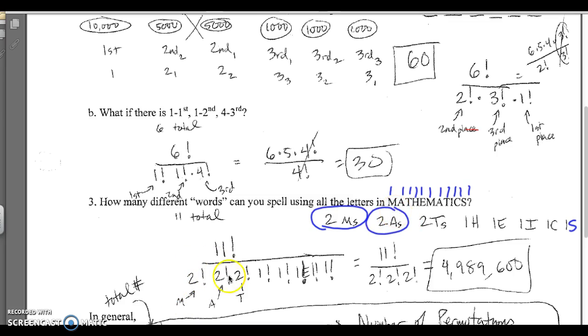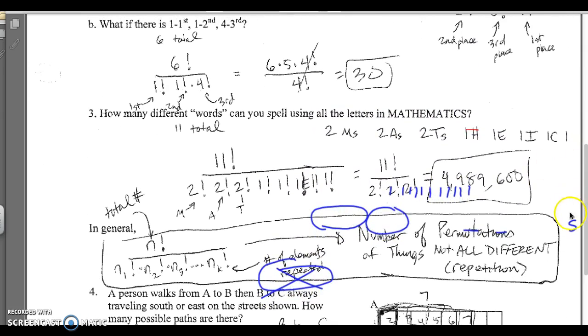We have 2 A's, so divide that by 2 factorial again. 2 T's, so divide that by 2 factorial again. And all of these are 1, so we're just going to divide by 1 factorial, 1 factorial, 1 factorial, 1 factorial, 1 factorial. All those, you know that that's just 1, so we don't even need that. But the main idea here is you have 11 factorial over 2 factorial, 2 factorial, 2 factorial. Do the math, enter that into your calculator, and you get that number, 4,989,600.